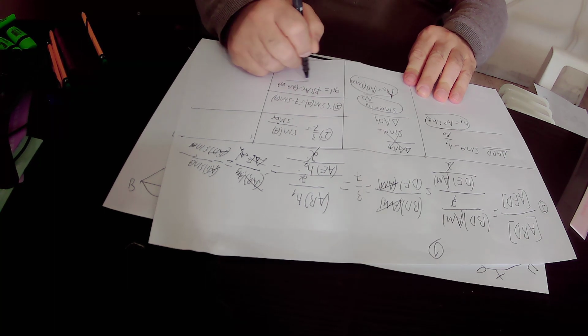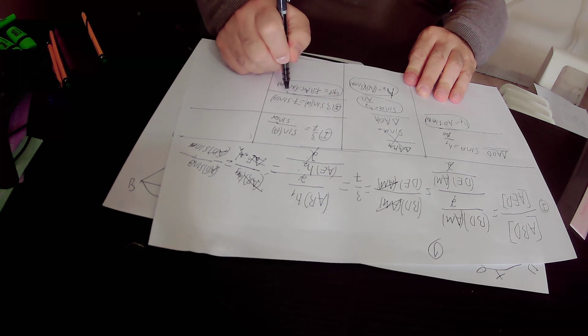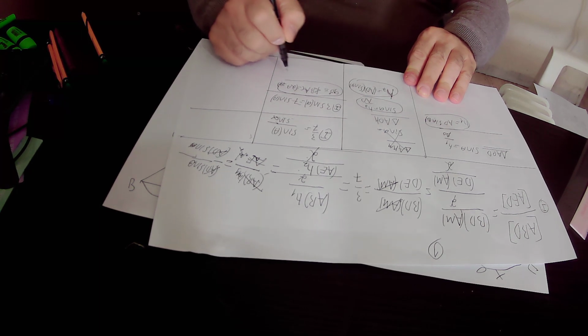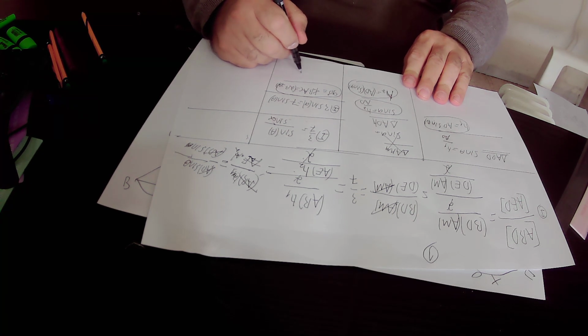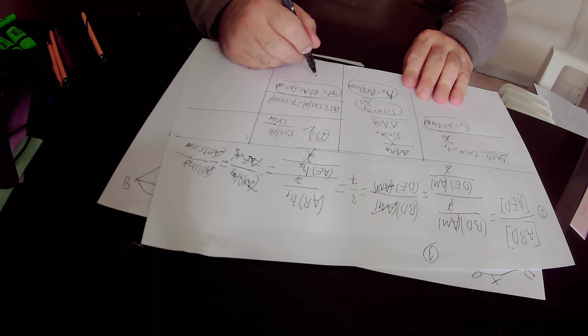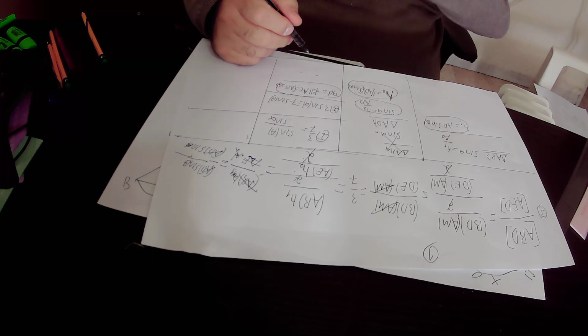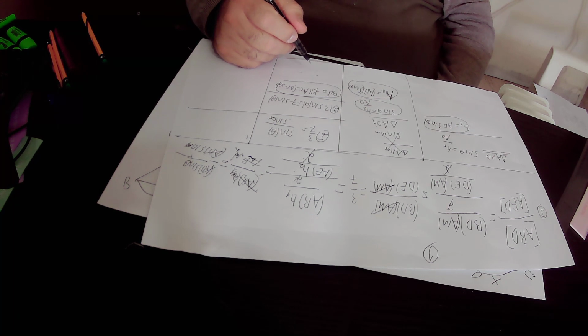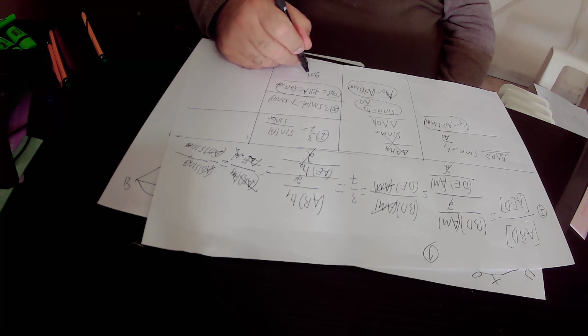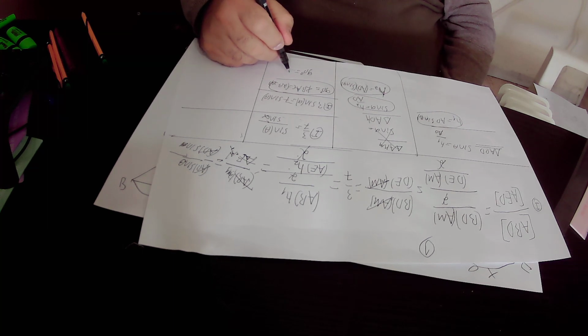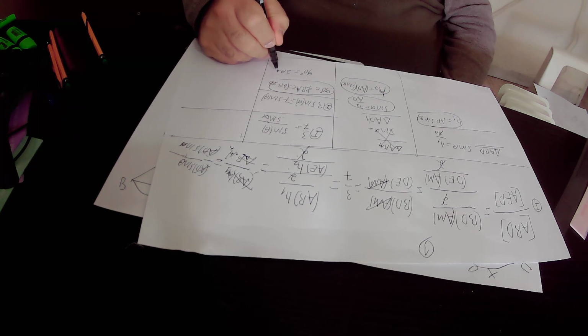So 90 degrees equals 2 theta plus alpha.